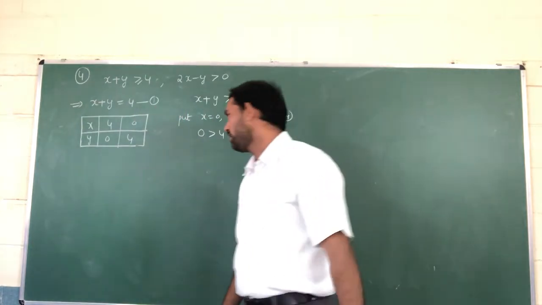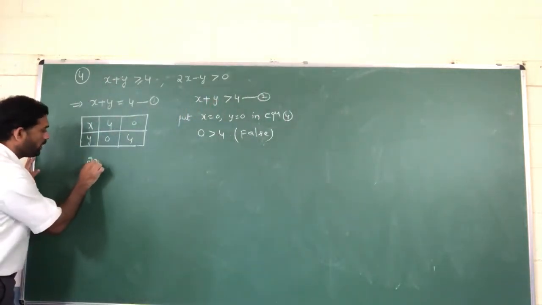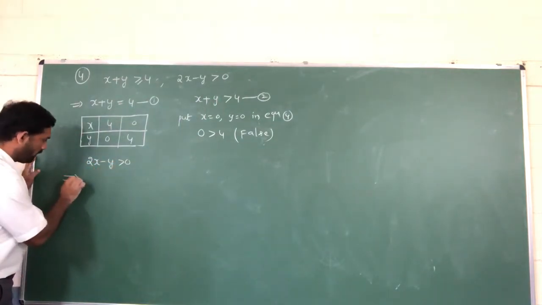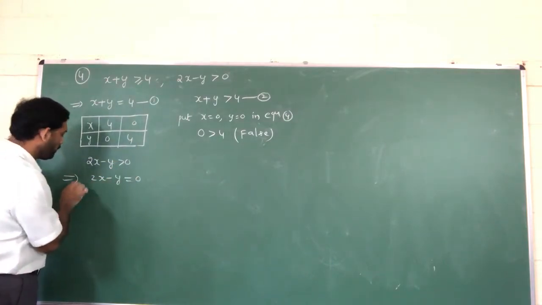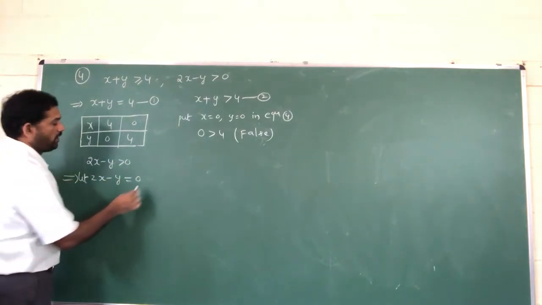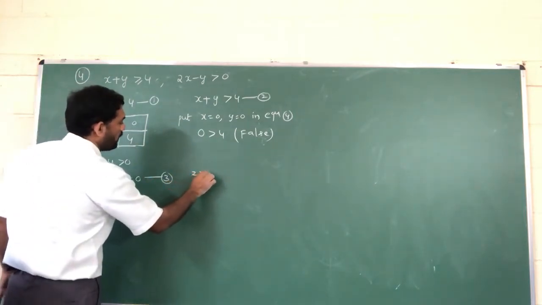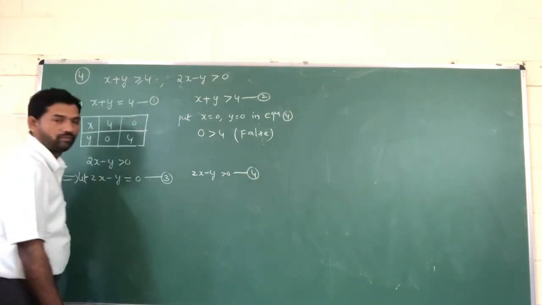Right? After that, 2x minus y greater than 0. So this implies 2x minus y equal to 0. Assume it is equation number 3. So 2x minus y greater than 0 is equation number 4.